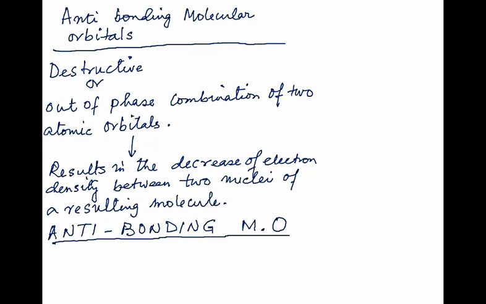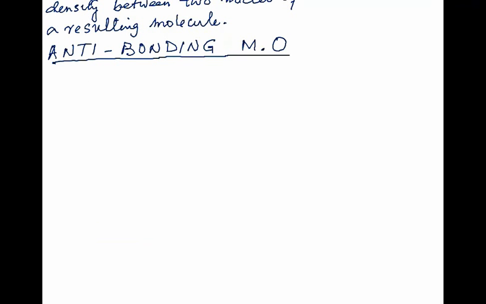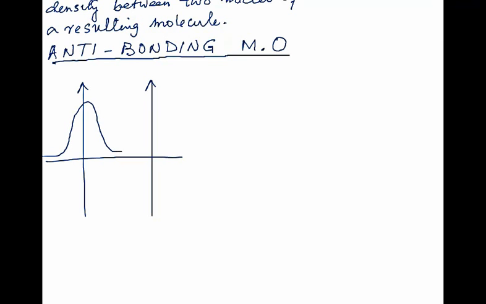Now let us have a pictorial representation of the formation of an antibonding molecular orbital from 1s atomic orbitals. You have the axis here. Here is the wave function psi1, and this is psi2. Because of the out of phase combination, I can draw the diagram as follows.